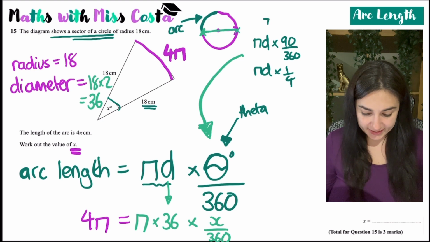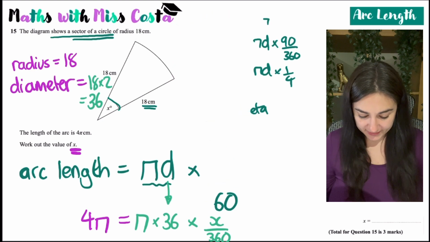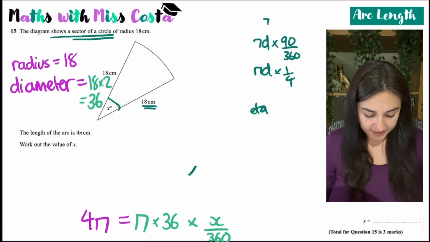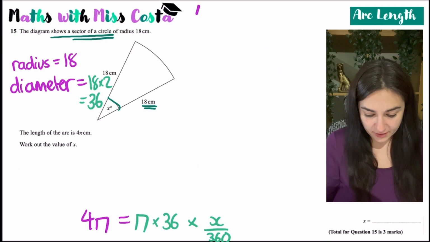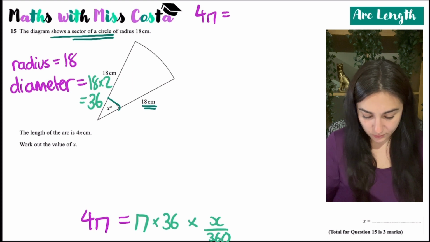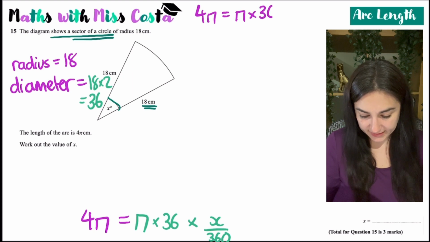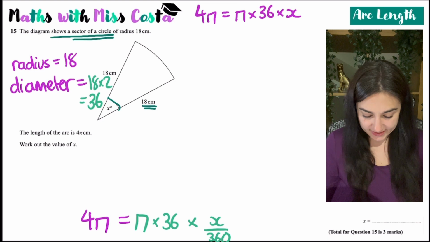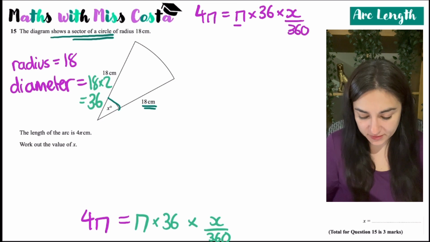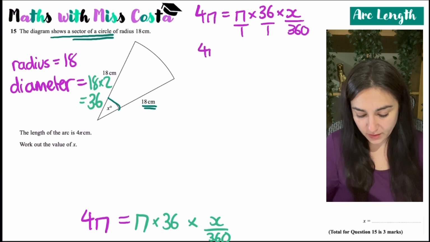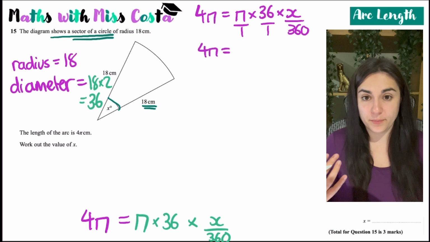So let's just clear a bit of this up so that we can simplify things a little bit further. I know that 4 pi equals pi times by 36 times by x over 360. Now what I can do, because if I turn them into fractions over 1, I could write them as one big fraction.